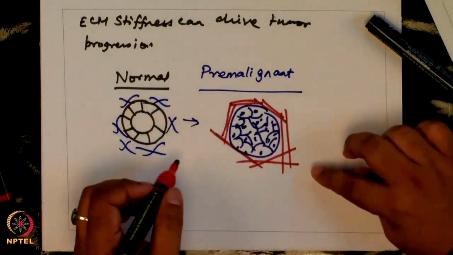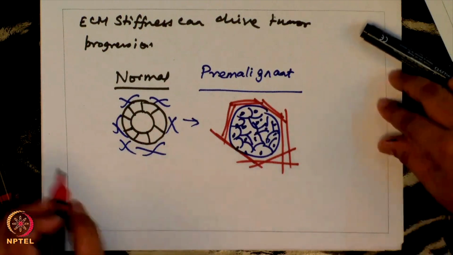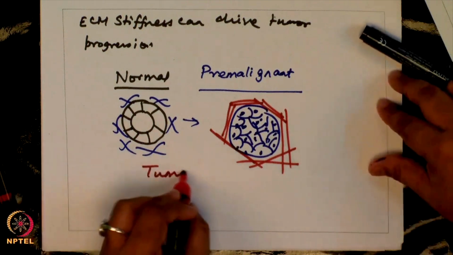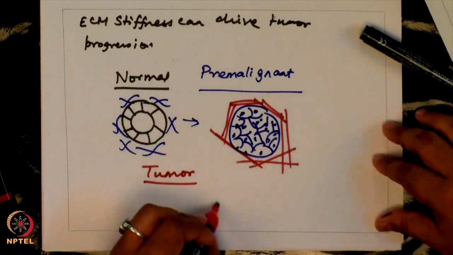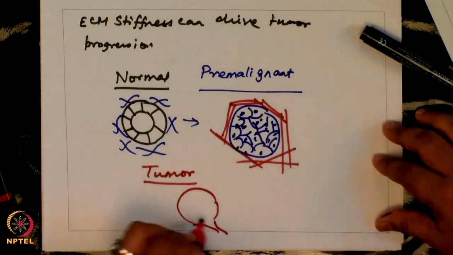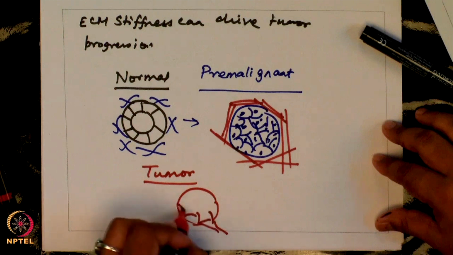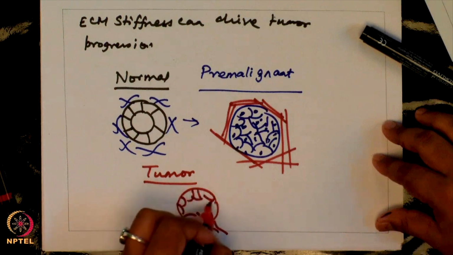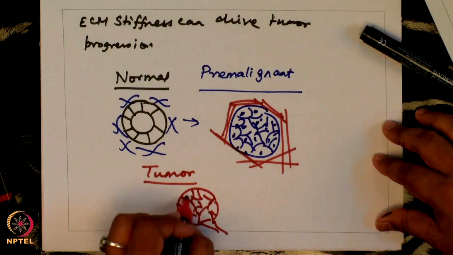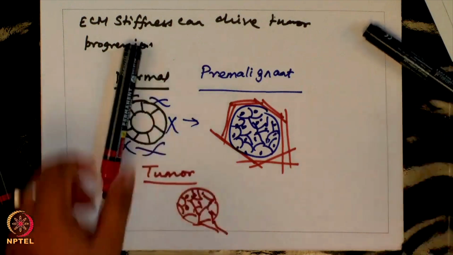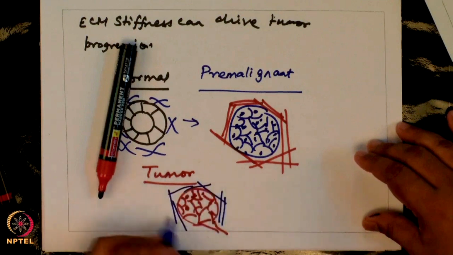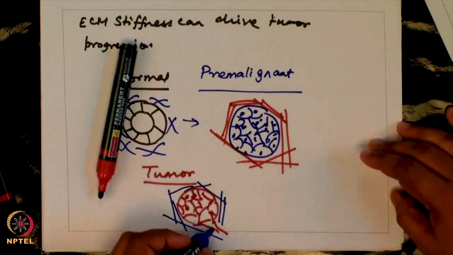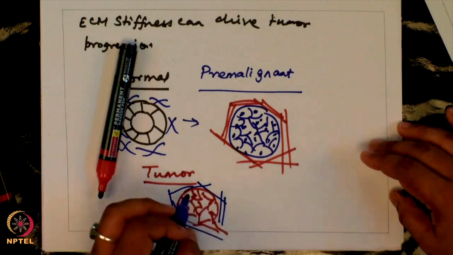These are your ECM fibers. And in case of tumor, this basement membrane gets breached and the cells start to invade.